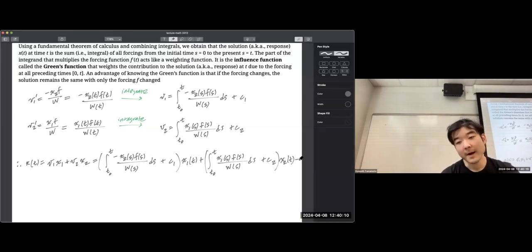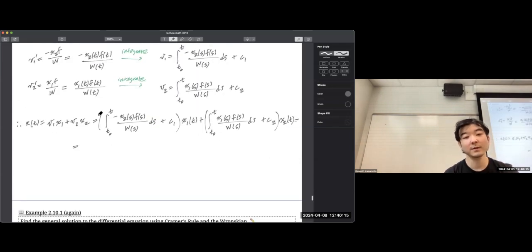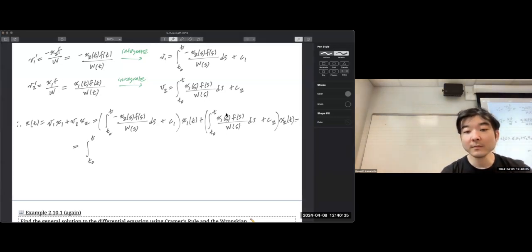All right, now I'm going to combine, because these integrals are over the same intervals from some initial t naught. You know how this used to be like our a, but we always plug in the initial t naught in there. So it combines to an integral from t naught to t. The Wronskian is the same in both of these. There's also an f of s that's the same in both of these.